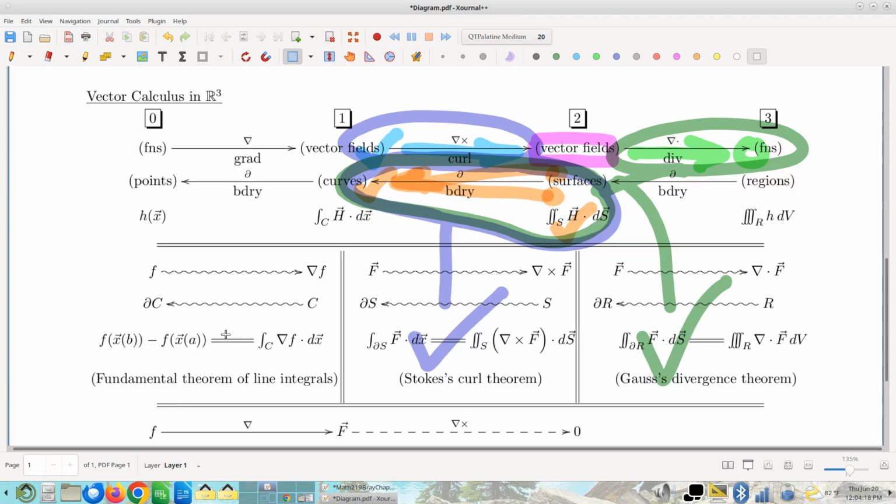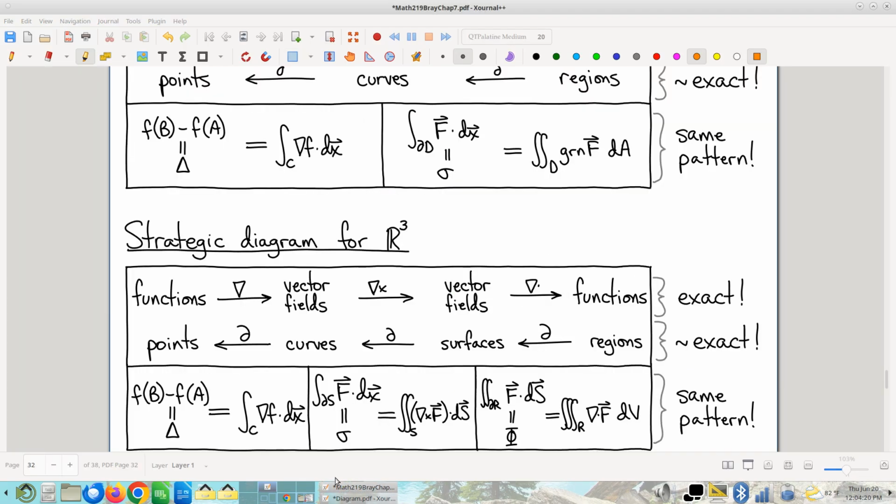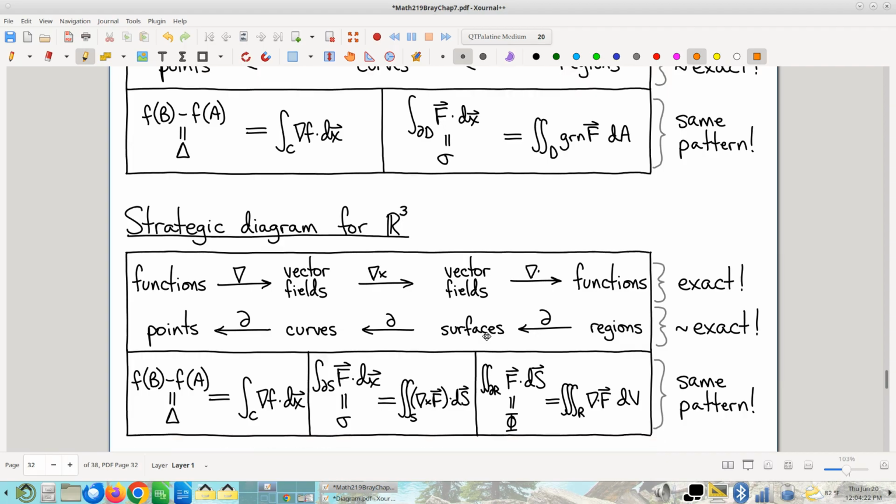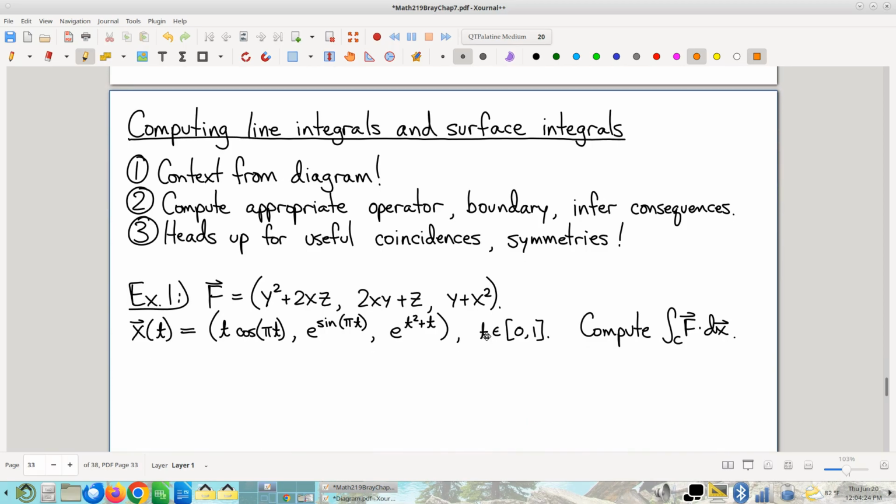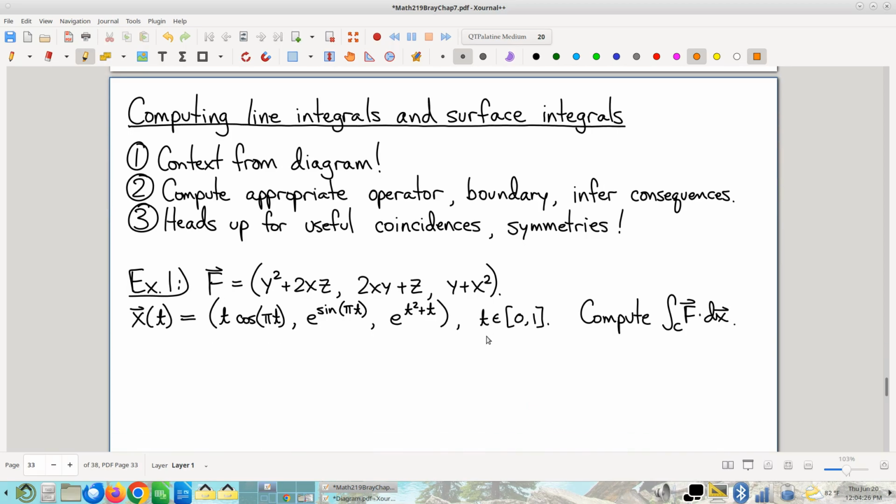All right. Okay, let's do some examples. So here is, roughly speaking, how we're going to compute line integrals and surface integrals. By the way, we're not going to get through all of this today. I never do. In fact, I rarely do, I should say. In past semesters, there are 6 examples here.